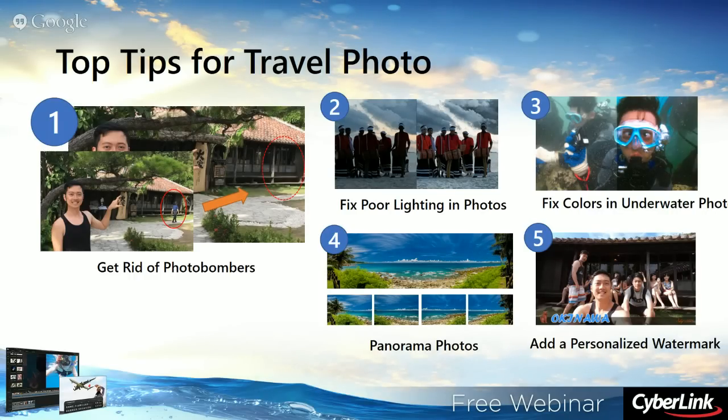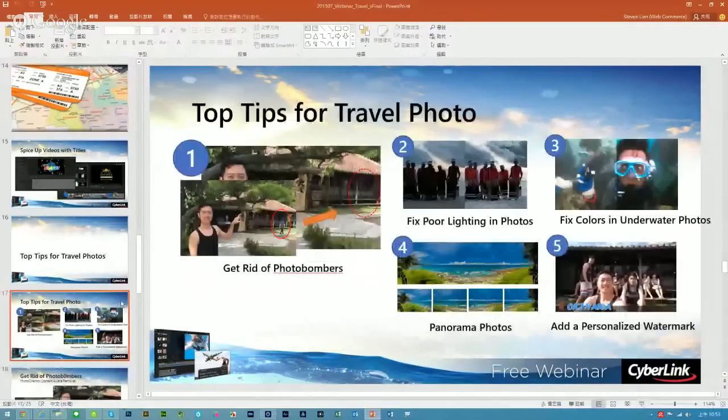But PhotoDirector just does it better, so I'll show you how to do panorama with PhotoDirector. And the last one is that if you've got like 100 photos from your trip, you can add a watermark to make them more stylish before sharing them with friends. So starting with the PhotoDirector part, I will launch PhotoDirector.